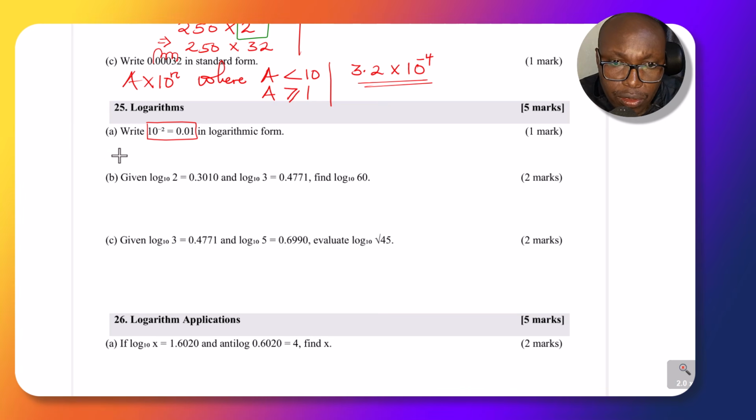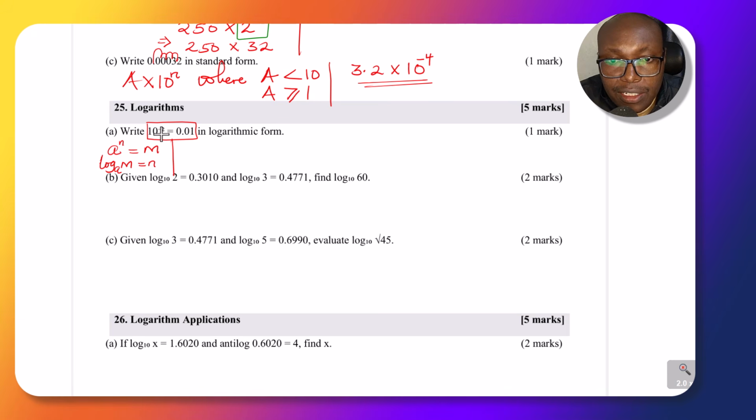Now in general, if you're given, let's say, a to the power n is equal to m, that is in index notation, to convert this into logarithmic notation, you'll have to write it like this: logarithm of m to the base of a is equal to n.